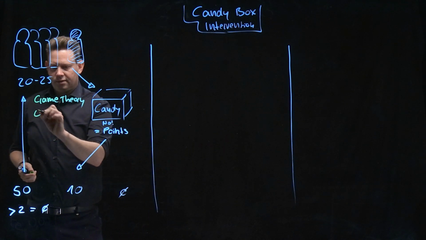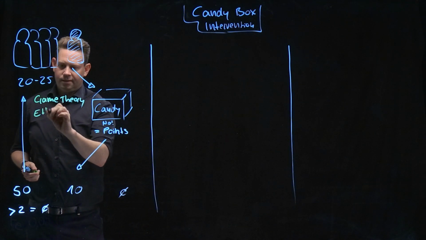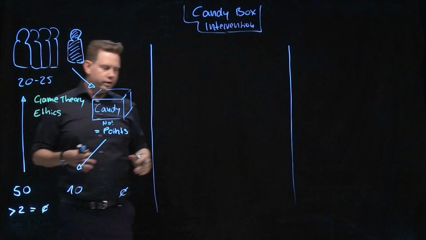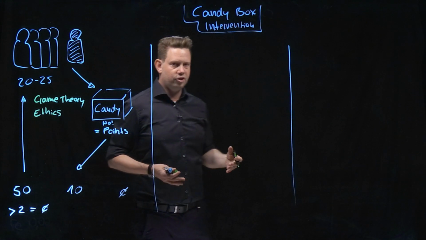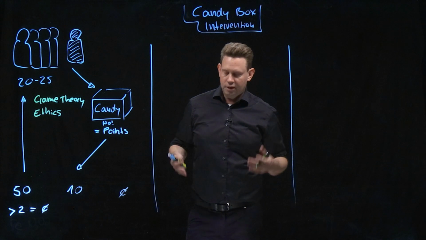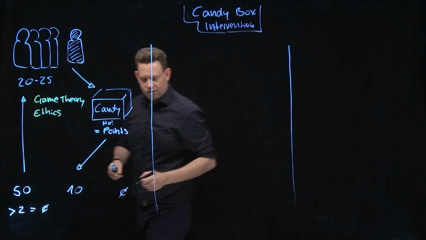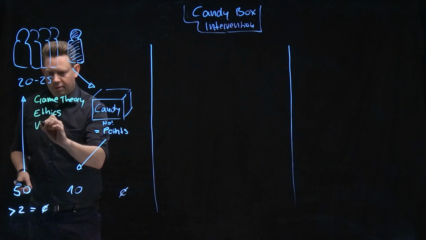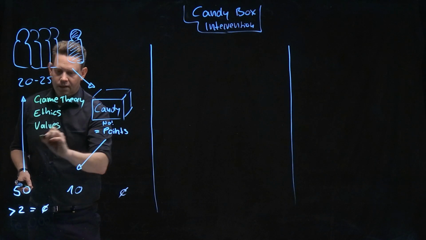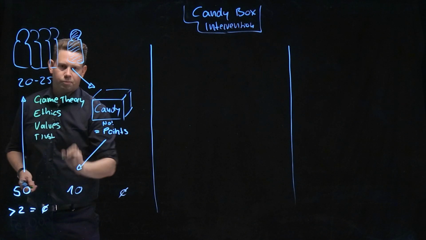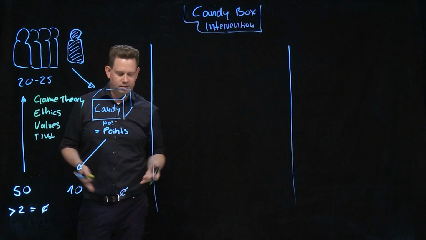Another thing I already raised that is ethics. So would it be okay to cheat the system just because the professor allows you to do that and opens this door? Some other things we're talking about are values, our trust in the group, our negotiation techniques.